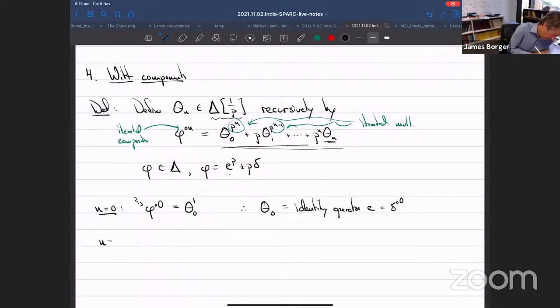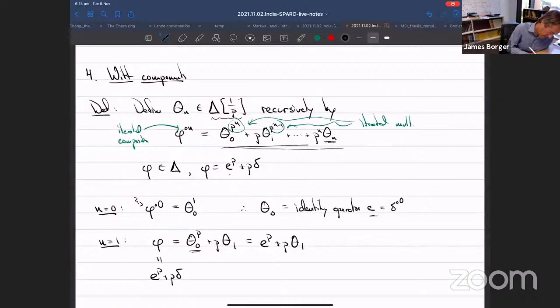Okay, n equals 1. Then we get phi composed with itself 1 time is equal to theta 0 to the power p plus p times theta 1. And theta 0 is the identity operator. So this is e to the power p plus p times theta 1. But phi is, of course, e to the power p plus p times delta.